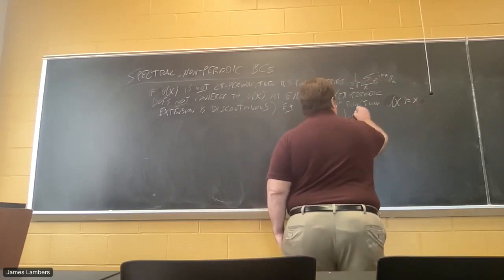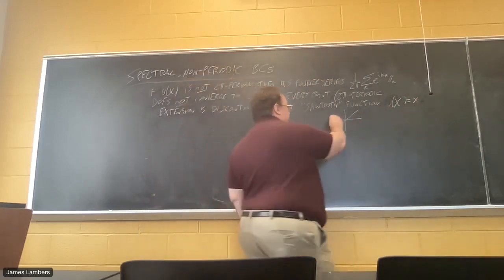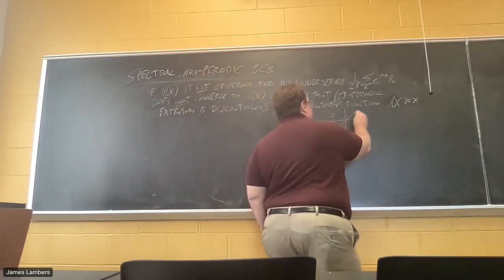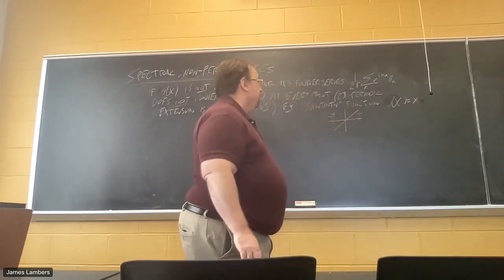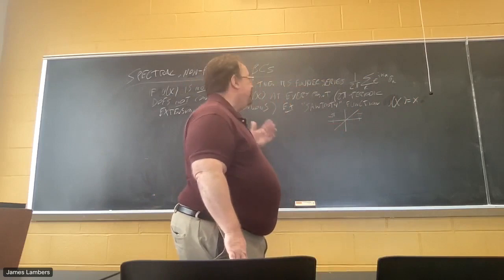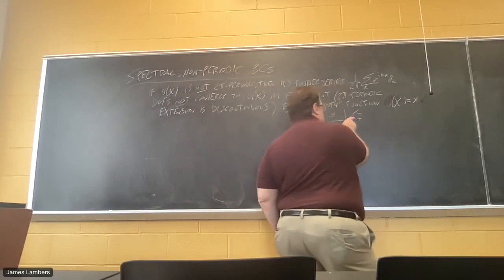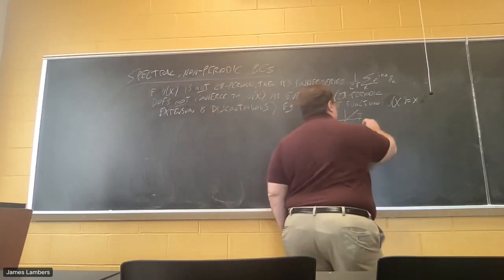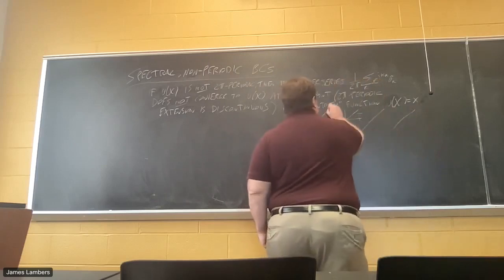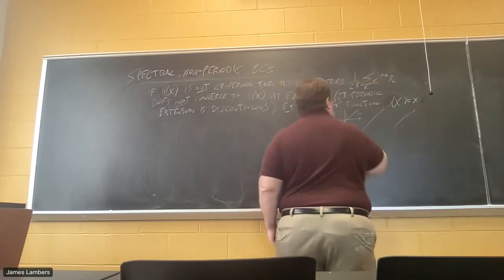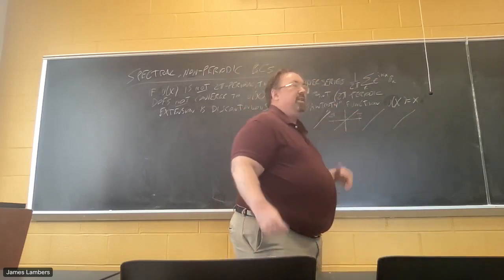So if I graph u of x equals x on the interval from minus pi to pi, then for the 2 pi periodic extension, I'm going to simply take this segment of the graph of u of x equals x and replicate it. If I were to draw vertical lines in between, you would have the appearance of saw teeth.